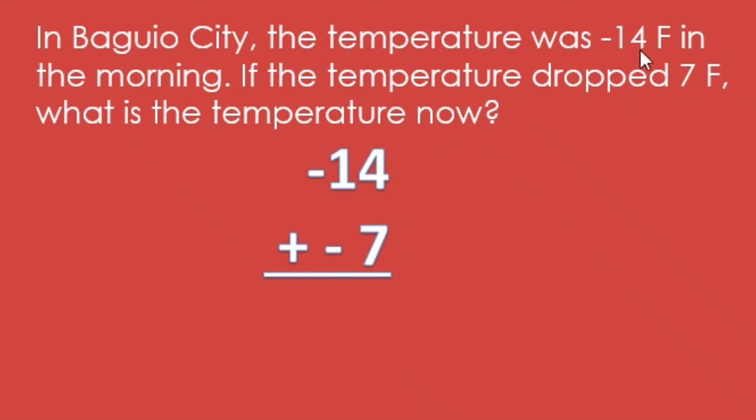So 7 degrees Fahrenheit will be represented as negative 7. Now, since both have the same signs, we will just add 14 and 7. So negative 14 plus negative 7, we will get, yes, it's 21, and we will just copy the sign, which is negative. So the answer is negative 21.